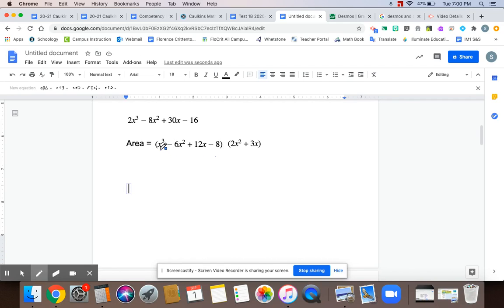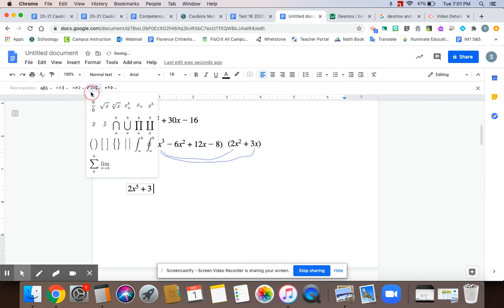So then I'm going to do x to the power 3 times 2x squared and get what? 2x to the power of 5. x to the power of 3 times 3x is what? Positive, so plus 3x to the power of 4.